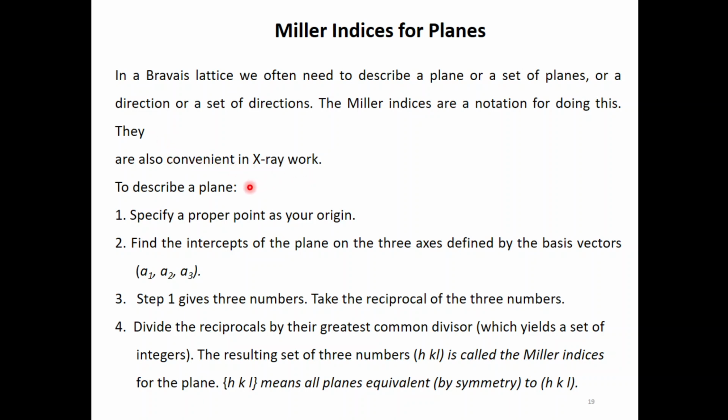So to describe a plane, number first. So now these steps are very important. First, we need to specify a point as our origin. So the point as your origin means you should specify a corner point in any crystal structure. This might be a cubic, this might be any other structure, and the name of the structure is always given in the exam paper.